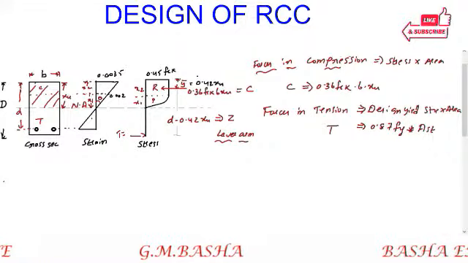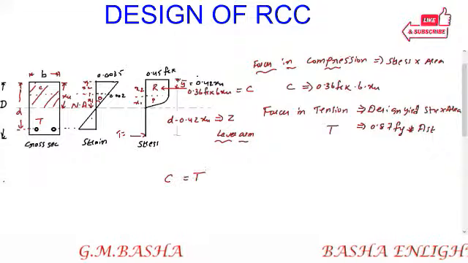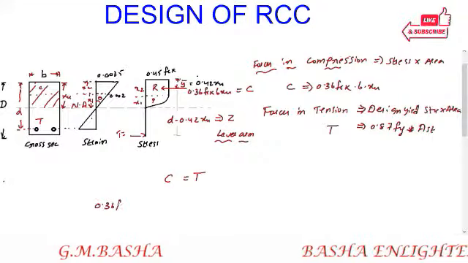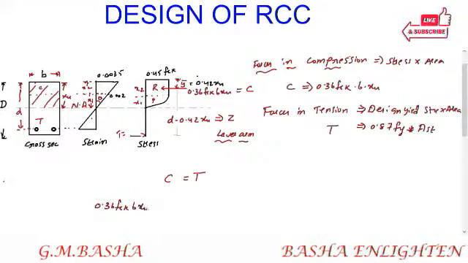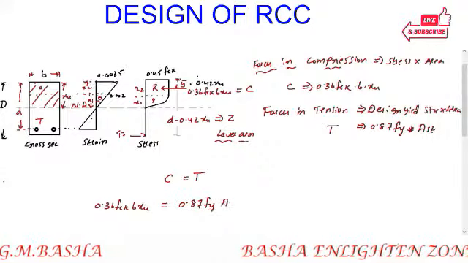Then based on that, compression will be equal to tension, which means 0.36 fck b into xu equals 0.87 fy into area of the steel.